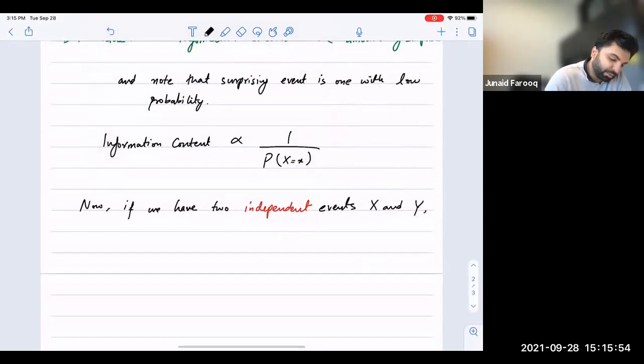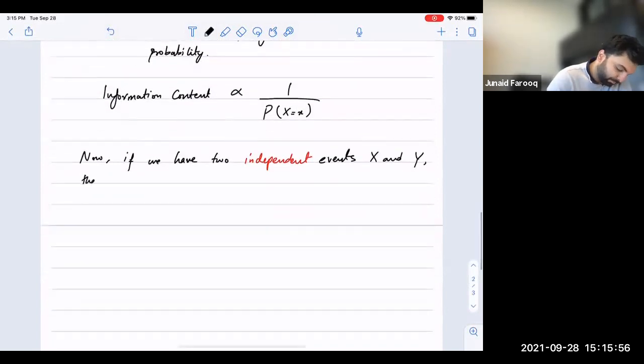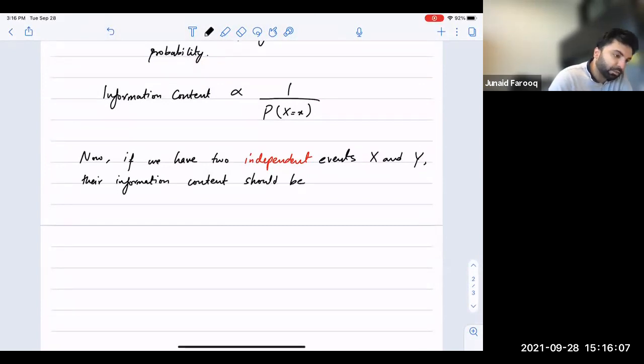So their information content should be the information content in X plus the information content in Y. Okay, that's kind of an intuitive idea.